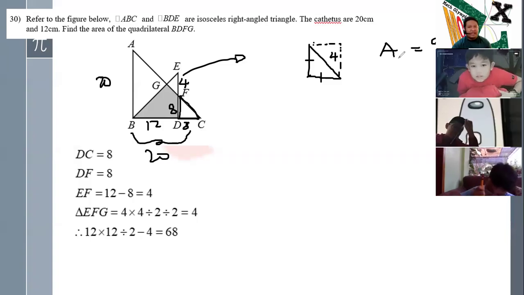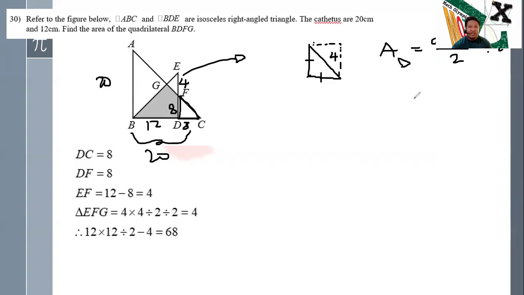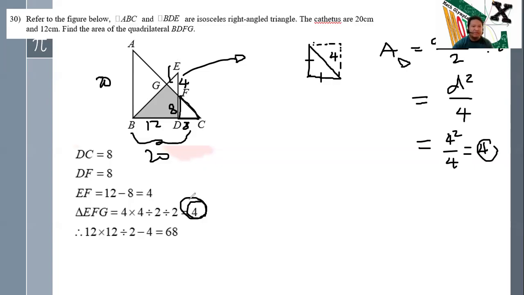So that half triangle, the isosceles triangle, can be solved as d squared over 4. The diagonal is 4, so 4 squared is 16, divided by 4, that gives us 4 square units. So the area of EFG is 4. That's why we have 4 here.